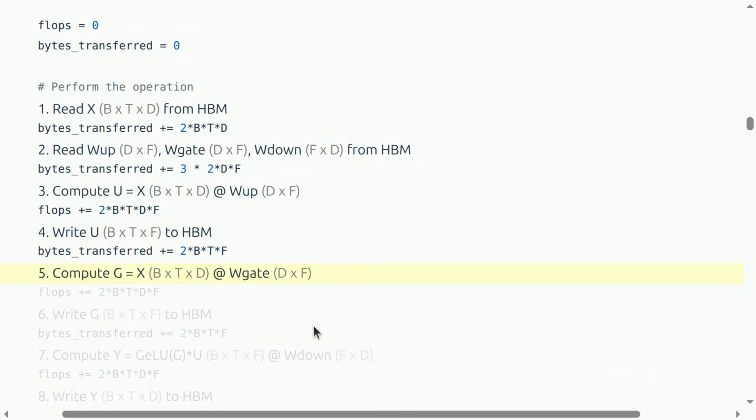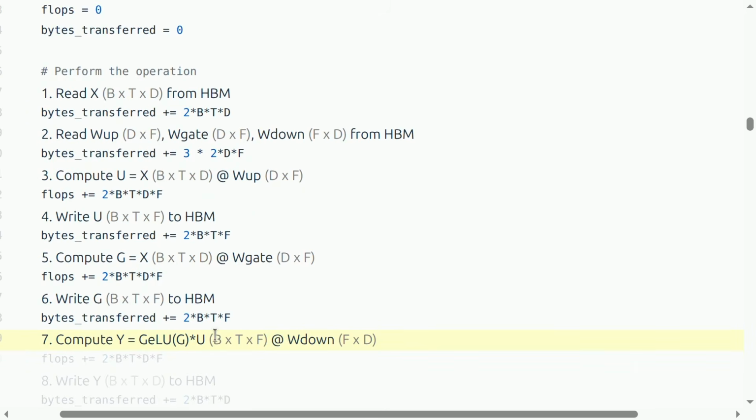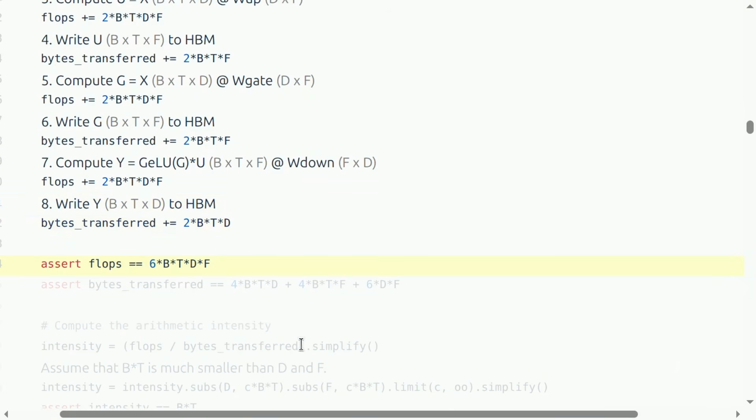You compute the gate, and you write it to HBM, and then you compute the down projection of that, and you write it to HBM. The number of flops depends on B and T and D and F: batch size, sequence length, model dimension, and the feed-forward dimension, the MLP dimension. The bytes transferred is this expression.